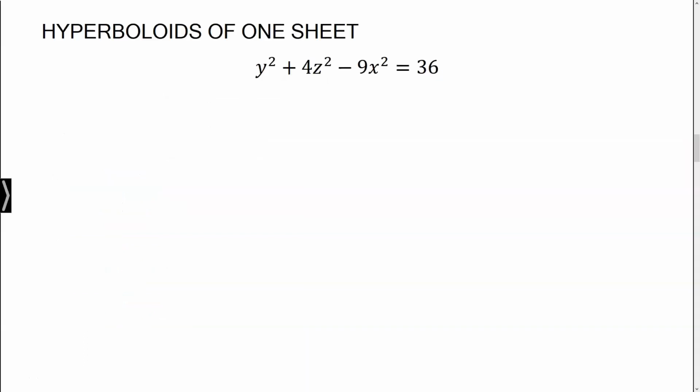Next we come to the hyperboloids. So we've got a hyperboloid of one sheet here. How do we recognize a hyperboloid of one sheet? If we look at these three terms, notice these are all quadratic terms, and we still have a positive constant on the right-hand side.